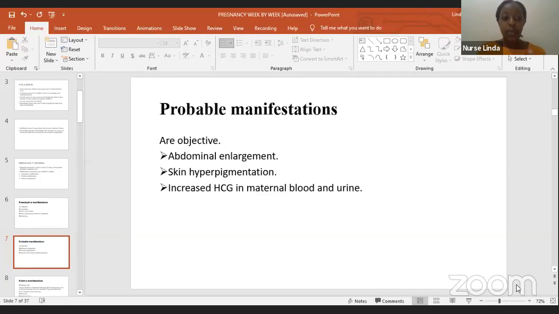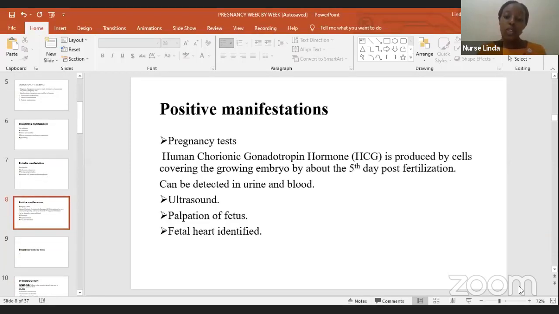So we've talked about the presumptive and the probable manifestations. And at this point, we now need to confirm pregnancy, like for real confirm there is pregnancy. Besides seeing all these signs and symptoms, we need now to be able to be sure that this woman is pregnant. And that is now what we are calling the positive manifestations.